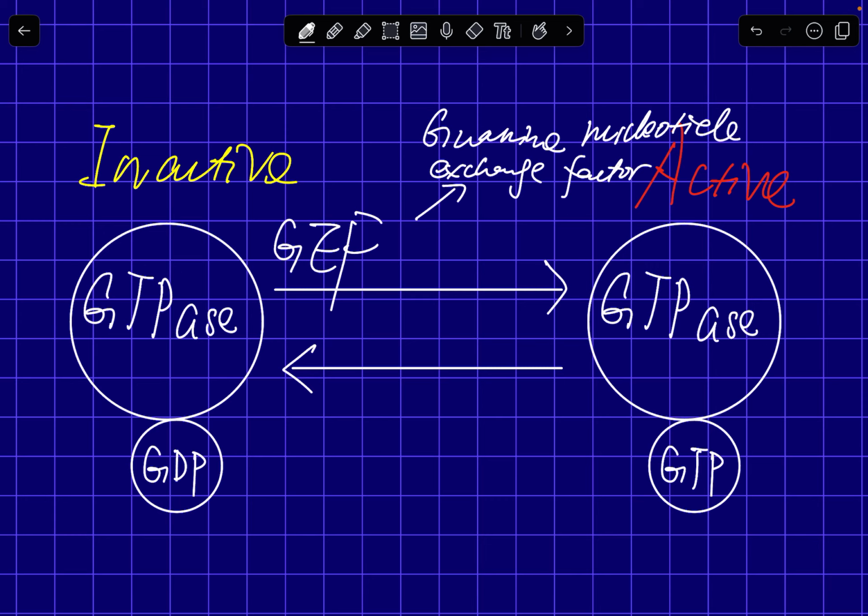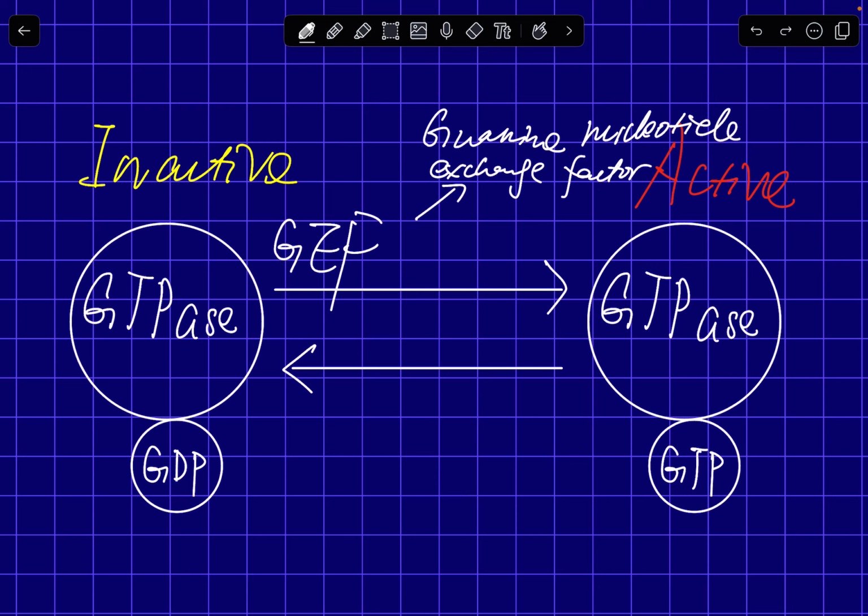So what does it mean? It literally means it changes this GDP into GTP. Okay, it's not adding a phosphate group to turn the GDP into GTP, but it literally gets rid of the GDP and then exchanges it with the GTP. Okay, all right. So once the exchange is completed, then our GTPase is in the active form, right?